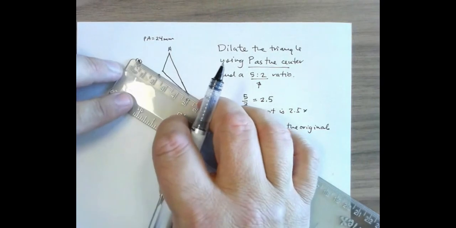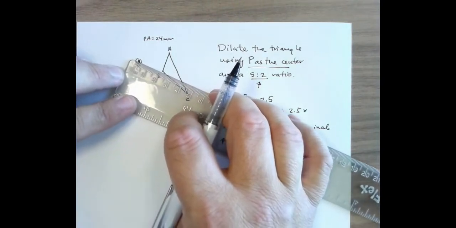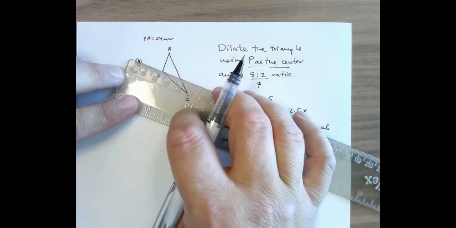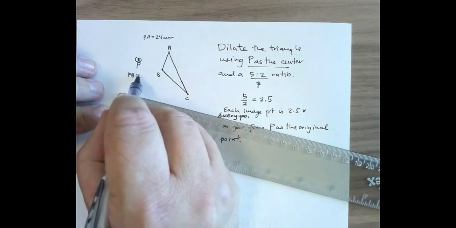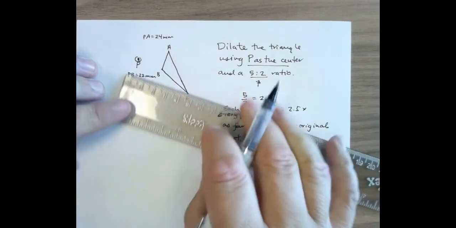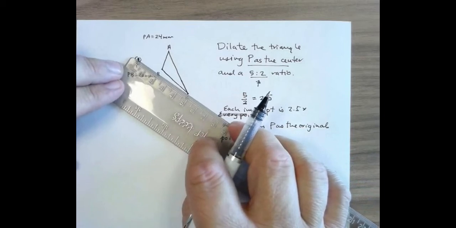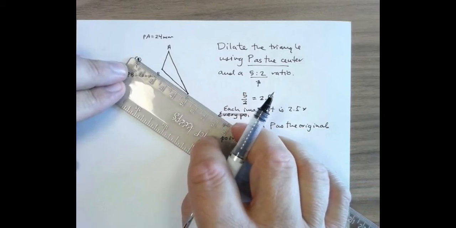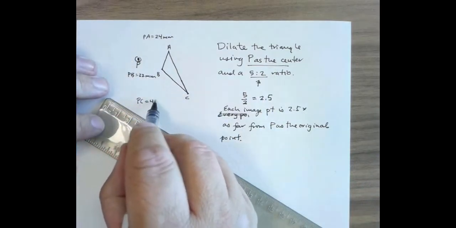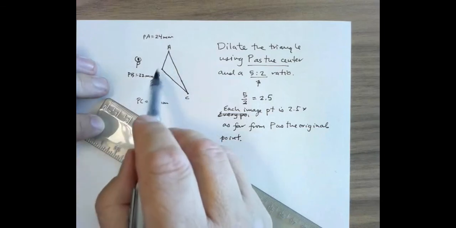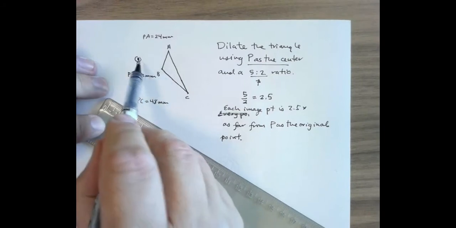PB, it's hard to tell with this transparent ruler, looks about 22 millimeters. And then PC looks like 48 millimeters. Notice I'm not measuring the sides of the triangle. It's P to A, P to B, P to C.